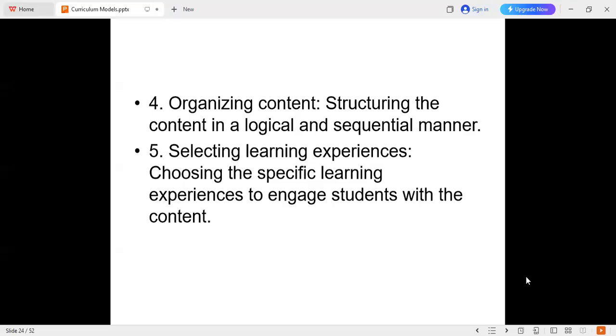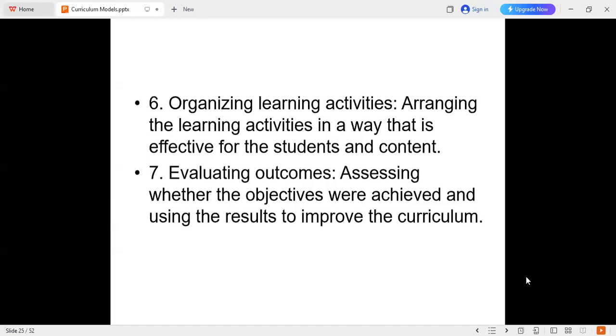Anyhow, we can see here organizing learning activities. Number 6. What are the learning activities? Arranging the learning activity in a way that is effective for the student in content. Learning is an involvement. But unfortunately, in our classroom, students are passive listeners, not active participants.